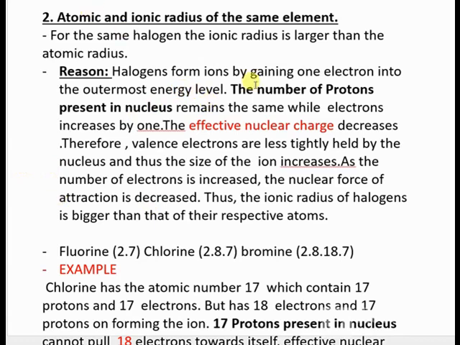What does that do? The number of protons present in the nucleus remains the same. Very nice, very correct indeed. So the protons will remain the same, while the electrons will increase by 1. What will that do to the effective nuclear charge?